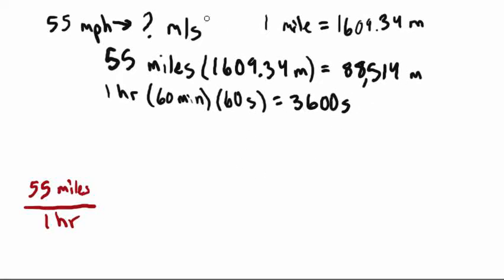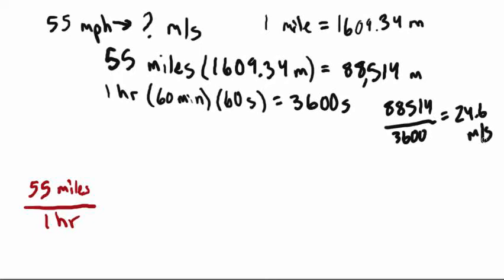So taking our meters per second, that'll give us about 24.6 meters per second. Okay, so that's the sort of multiplication method.